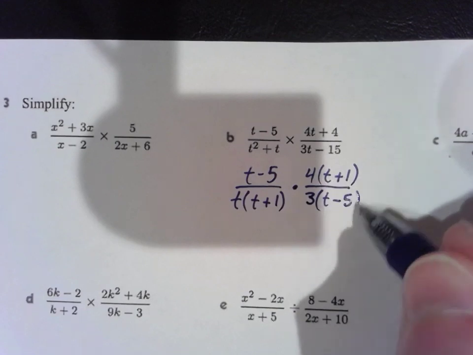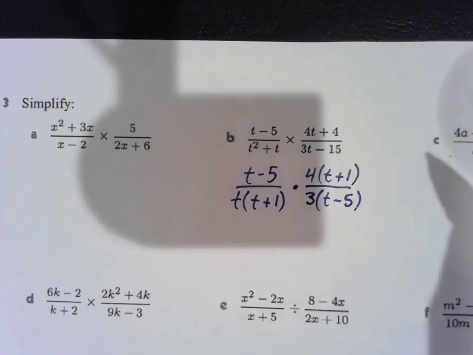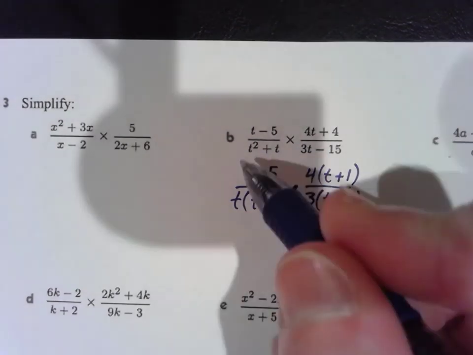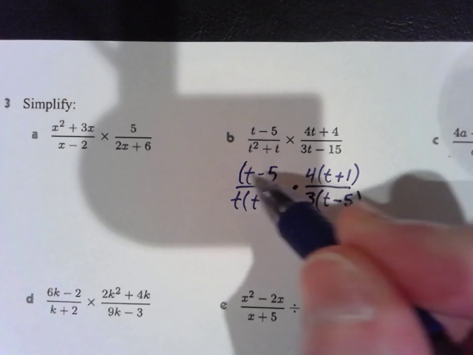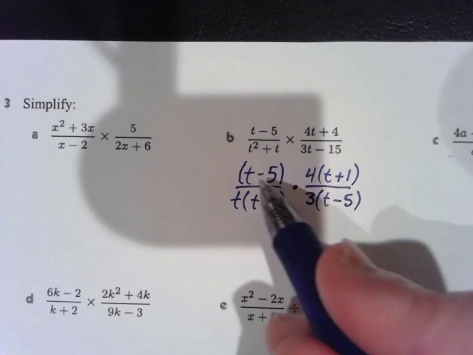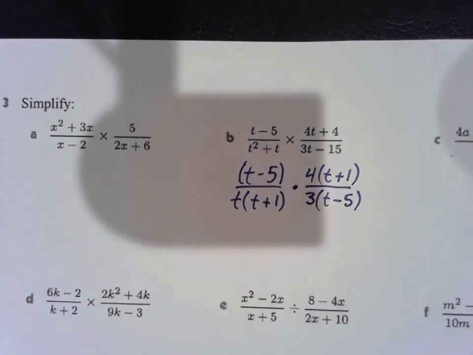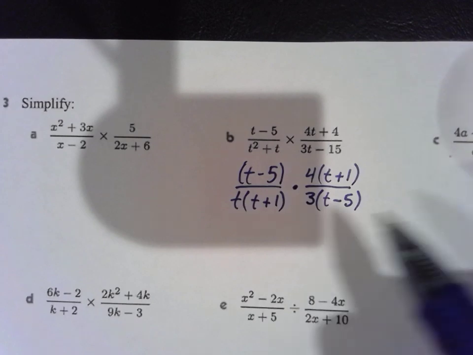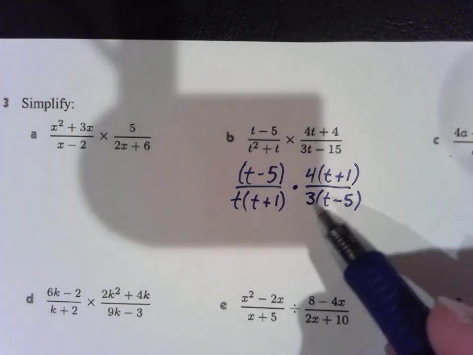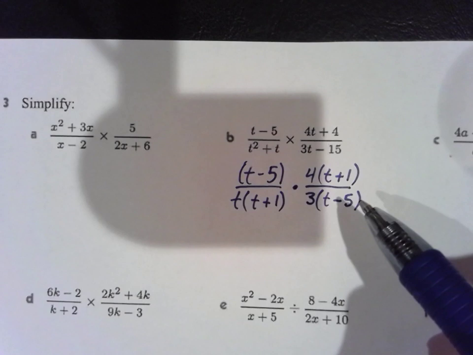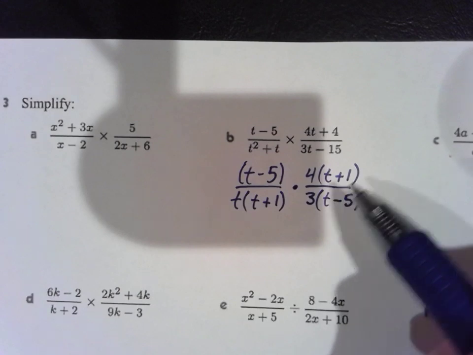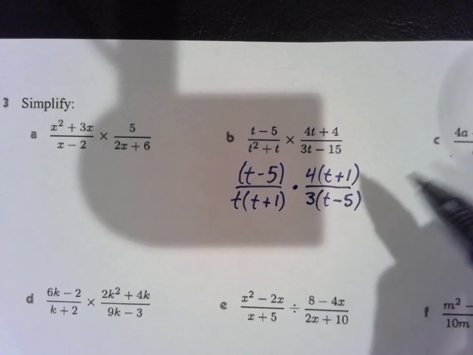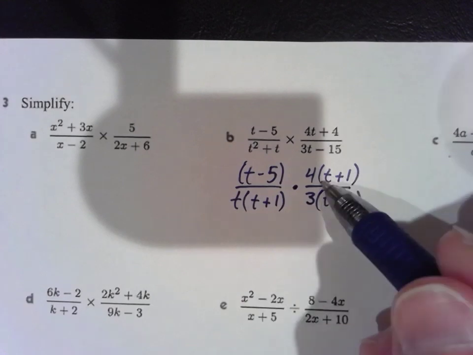Once you have everything factored, and if it's helpful to put anything in parentheses that has an addition or subtraction sign, please do that. Now we look for common factors on top and on bottom. Here I see a t plus 1 on top and a t plus 1 on the bottom.